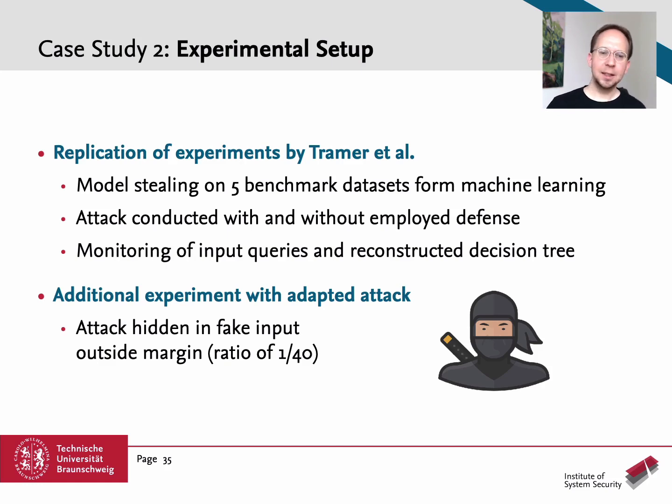Because you can imagine this is an adversarial setting here, just running the experiment once, proposing a defense and testing it is not enough. So it is necessary to also see how an attacker could circumvent the defense. What the attacker could do is, of course, try to send 40 normal queries, then send one attack query, 40 normal queries, one attack query, so he or she can hide the inputs in some benign inputs.